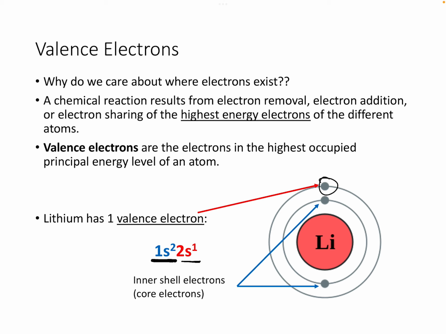So that's called lithium's valence electron. So once we're able to figure out where electrons live or what energy they have, we can then narrow down which electrons have the highest energy and therefore what they're going to do in a reaction.